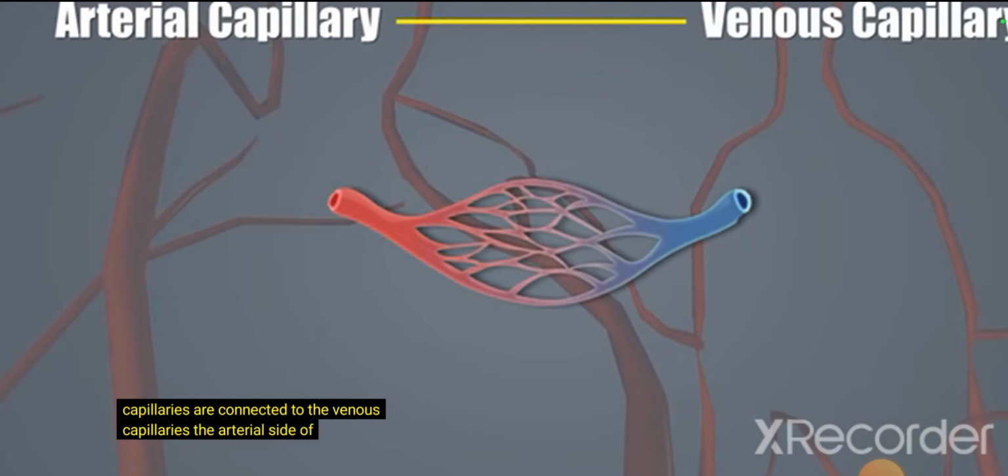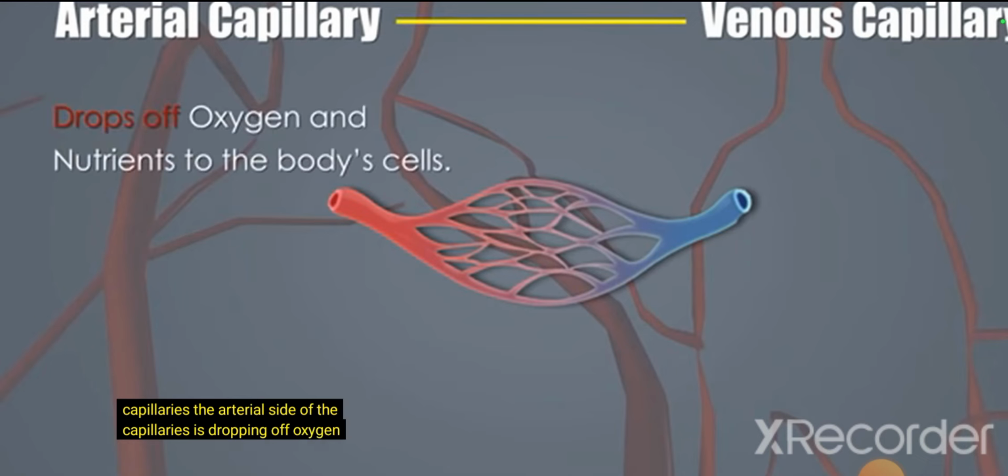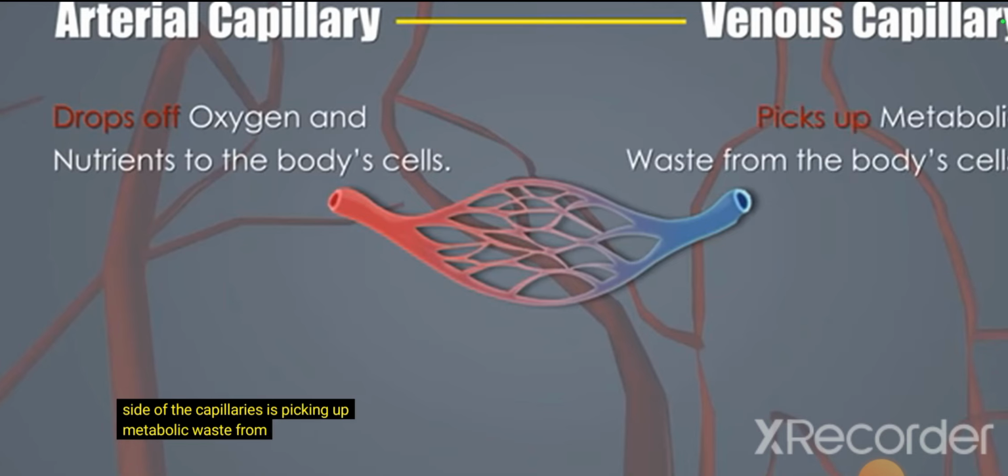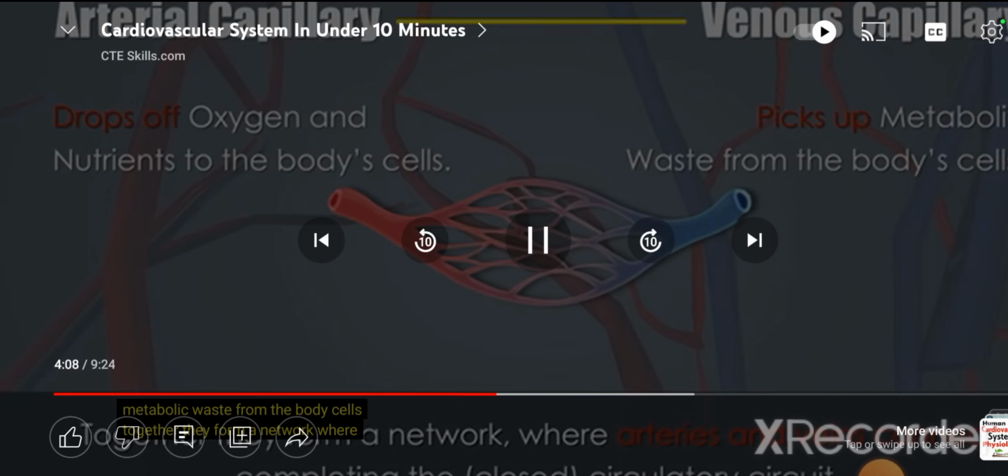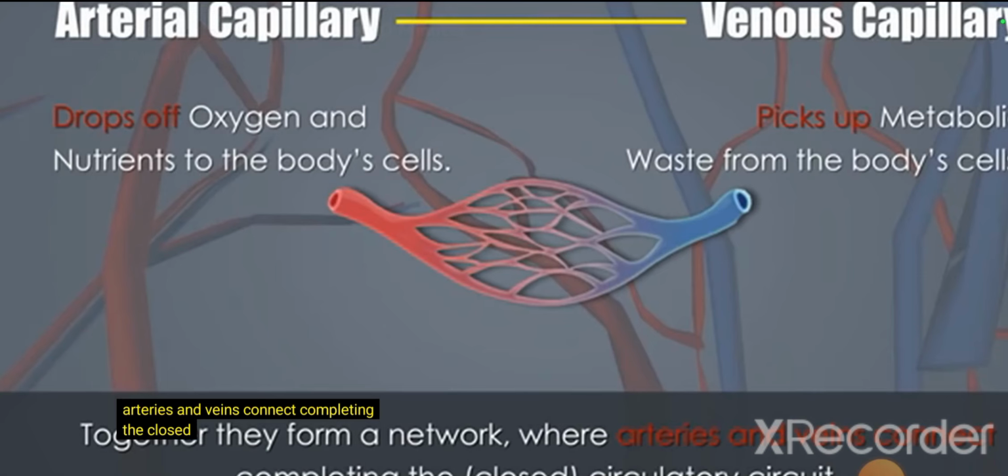The arterial side of the capillaries is dropping off oxygen and nutrients to the body cells. The venous side of the capillaries is picking up metabolic waste from the body cells. Together they form a network where arteries and veins connect, completing the closed circulatory circuit.